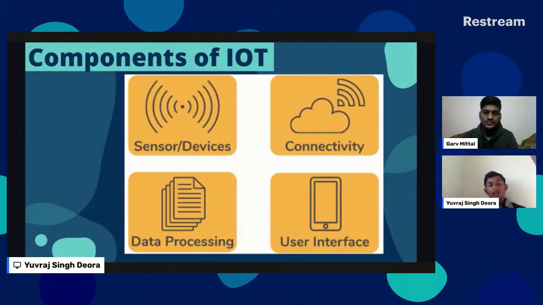And the fourth and last component of IoT is the user interface, right? The user will not be able to see what is happening in the data processing, the connectivity and the sensors, and how these sensors are taking data, but he will only be able to interact through his phone, right?